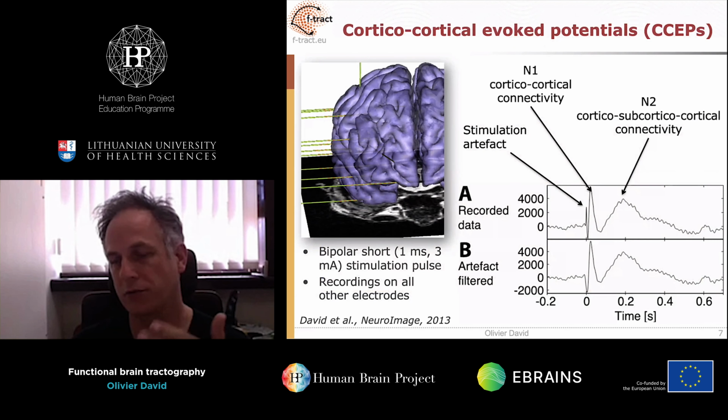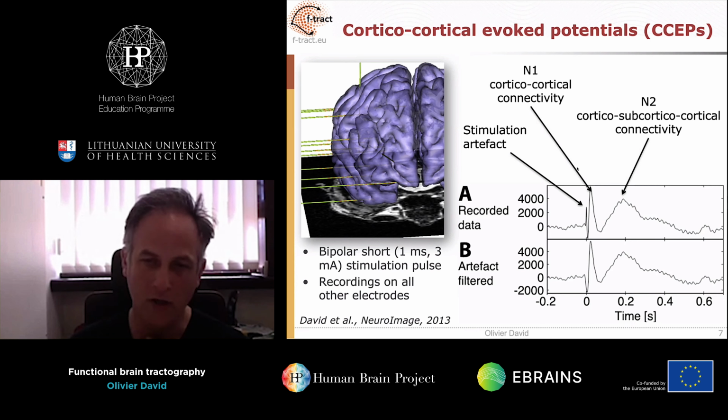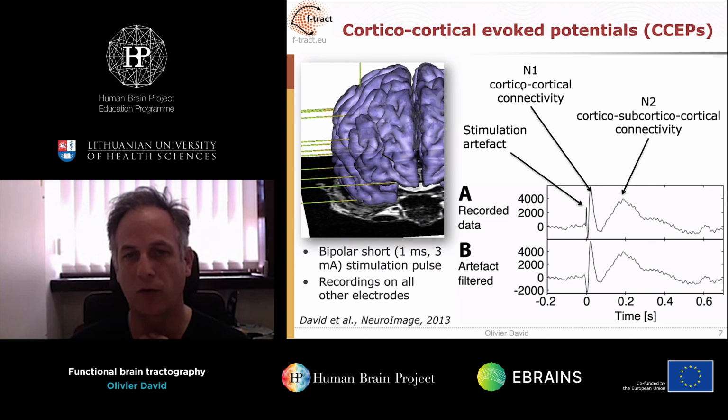When we average all those responses together, we get what we call cortico-cortical evoked potentials, or CCEPs, which are composed of two waves. The first one is the N1, which occurs around 20 to 40 milliseconds after the stimulation, and is supposed to reflect the cortico-cortical connectivity, meaning the connectivity between the stimulated area and the recording area.